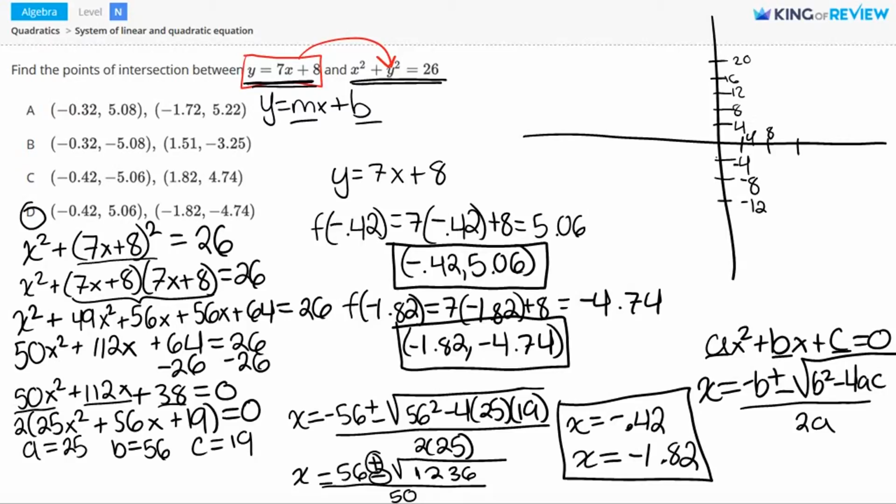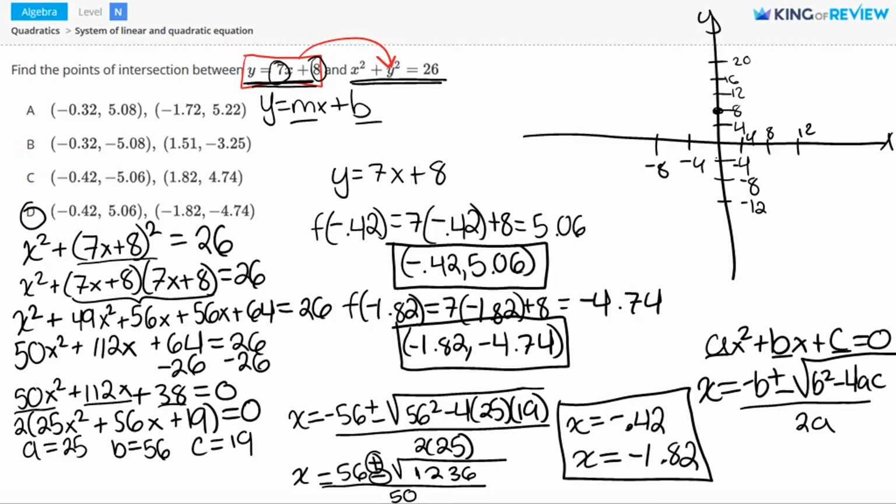Okay, so I'm setting up my coordinate plane here. I have my x-axis and my y-axis here. Okay, so we have the b value, which is here. This is 8. This is where it crosses the y-axis at. So that would be right here. And we have a slope of 7.